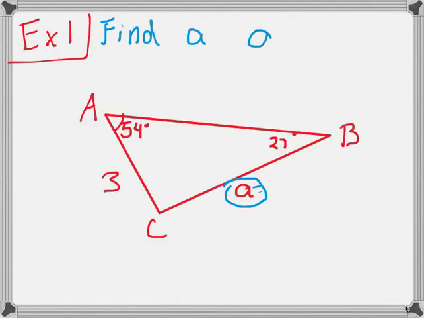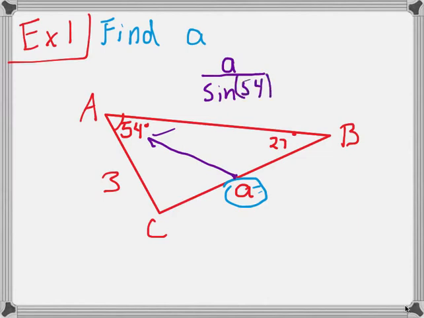So we need to write, let me change colors here. Let's go purple. We're going to write side A over, what is the opposite angle of that side? 54 degrees. I'll put that in parentheses.